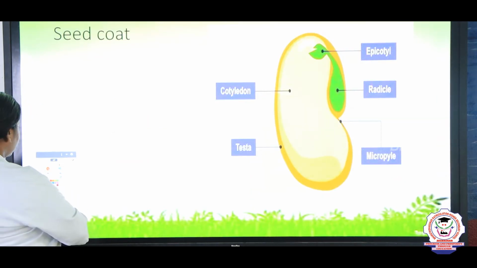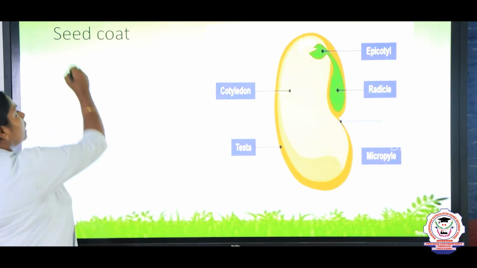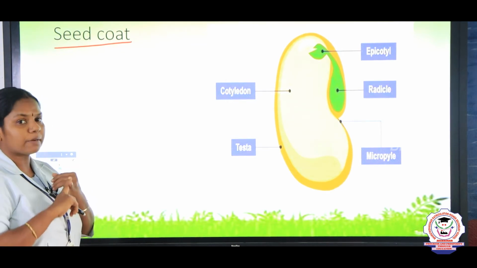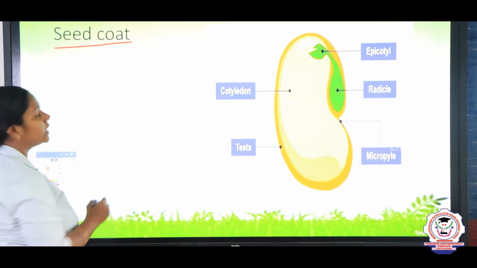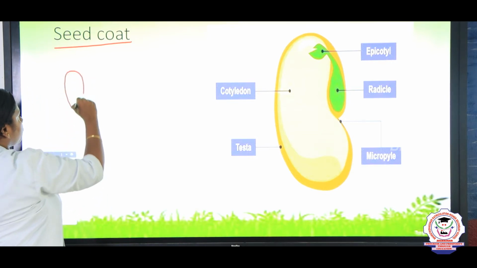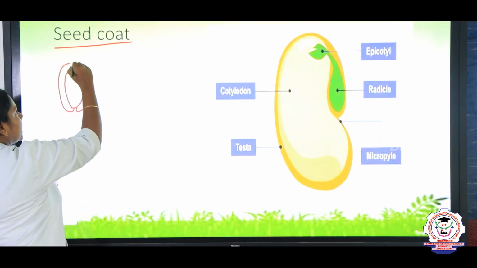So, there are 2 types of seed coat children, and how the seed coat is formed. In the fertilization we have studied, ovary becomes a fruit, ovule becomes the seed, and what becomes a seed coat? Yes, integuments. While you are studying about the structure of the ovule, you have studied about this outermost covering, right? Integuments.